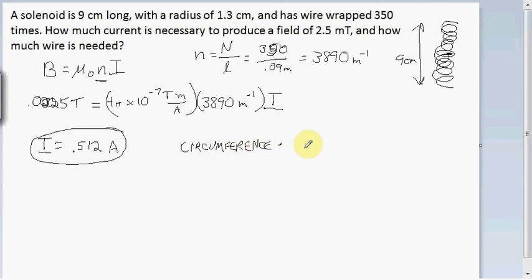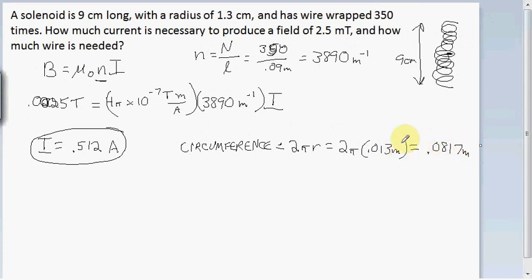And you learned in some math class in your distant past that the circumference of a circle is equal to 2 pi times its radius, which is 2 pi times 0.013 meters, which works out to 0.0817 meters.